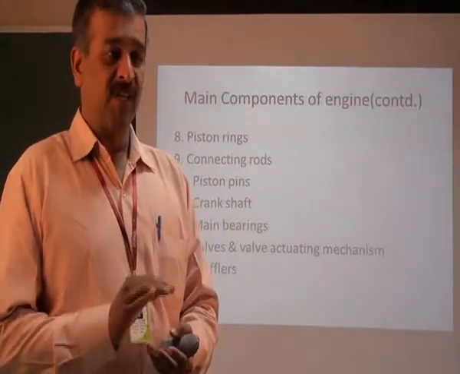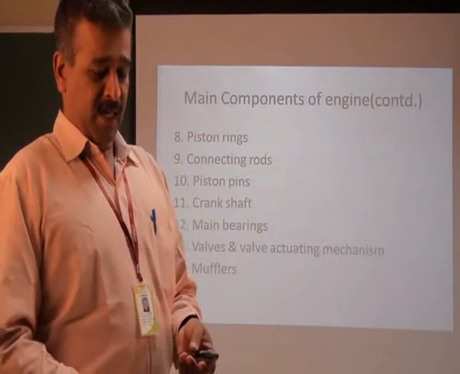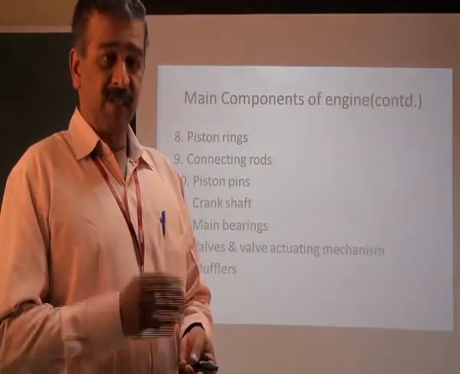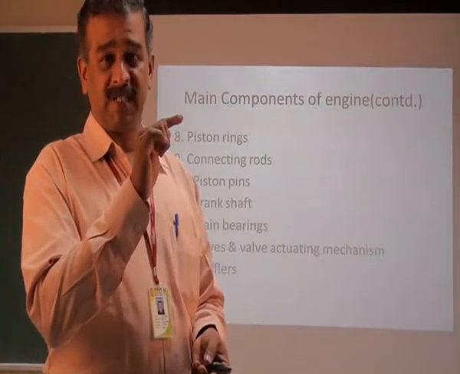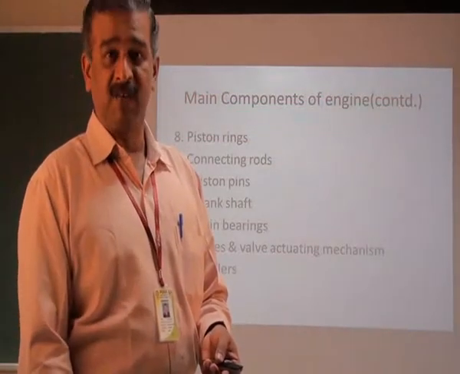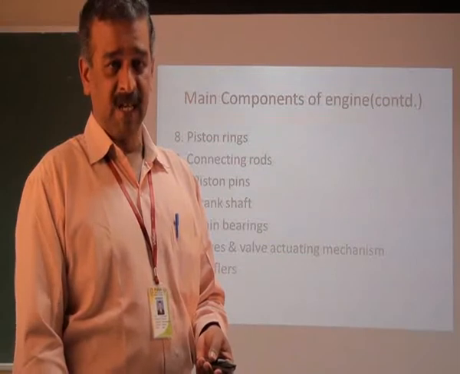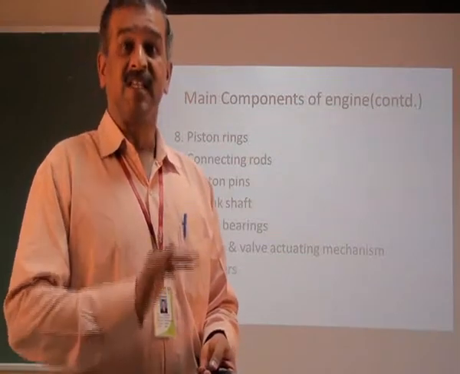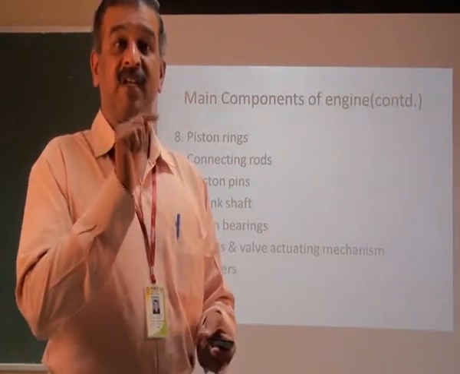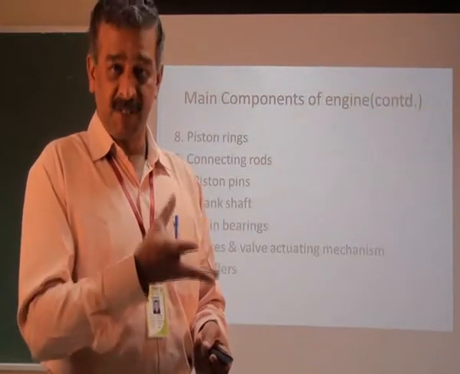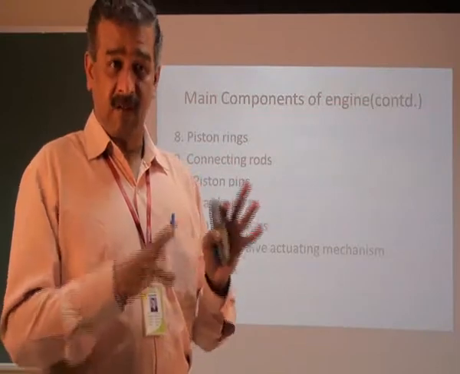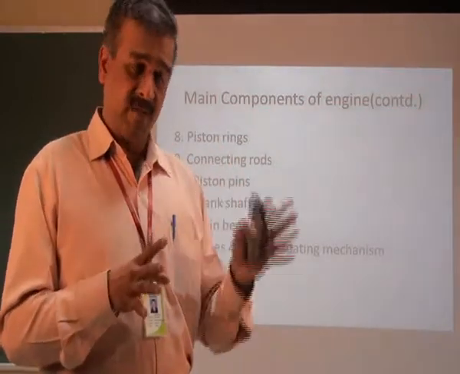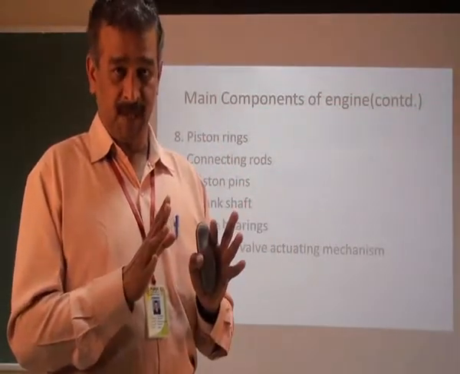So what is actually happening in the IC engine is, the piston is moving. The maximum limit of the piston is called top dead center, and the lowest level is called bottom dead center. When the piston is reaching the top dead center, only then the firing, the combustion of the fuel, takes place. So at that time, both the inlet valve and outlet valve should be closed.